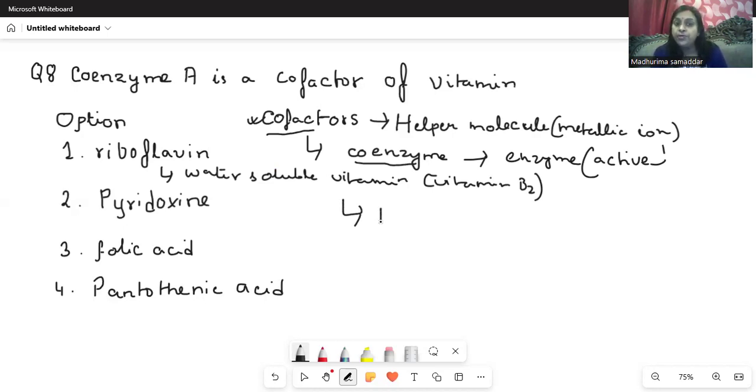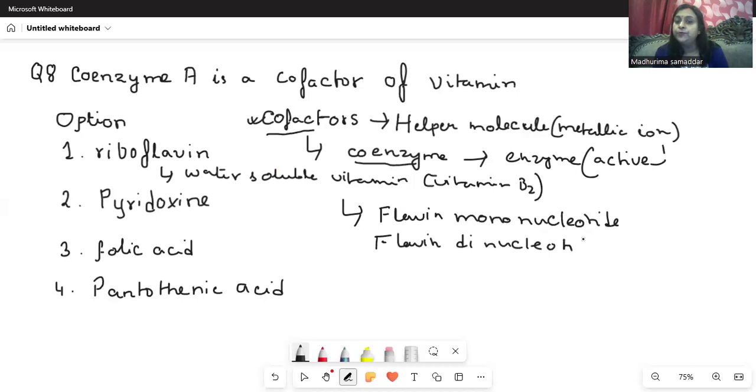The cofactors flavin mononucleotide and flavin dinucleotide. We can write the short forms FMN and FAD. These are the cofactors that are synthesized from the precursor, that is, from the vitamin riboflavin.